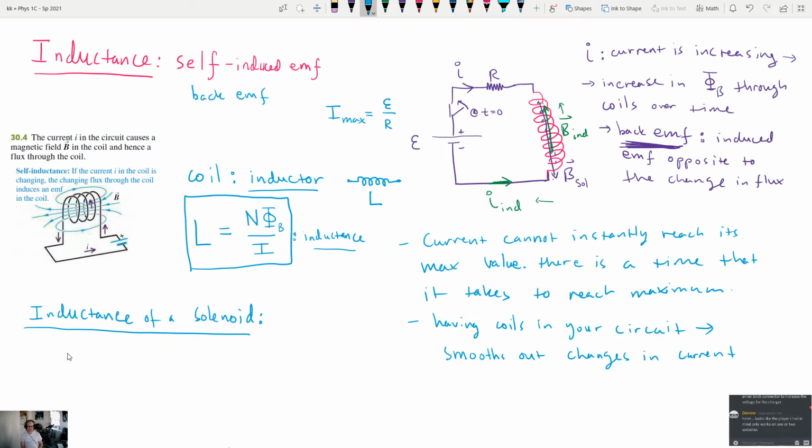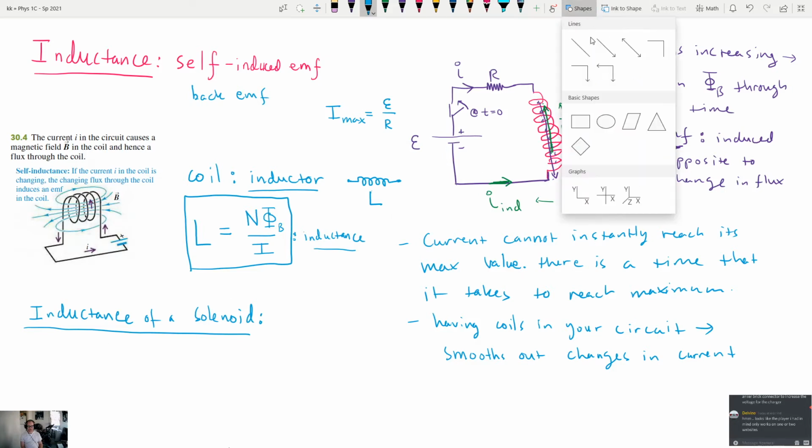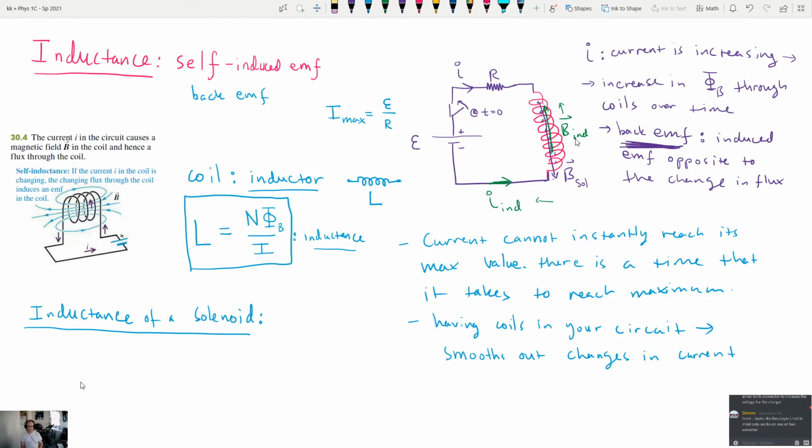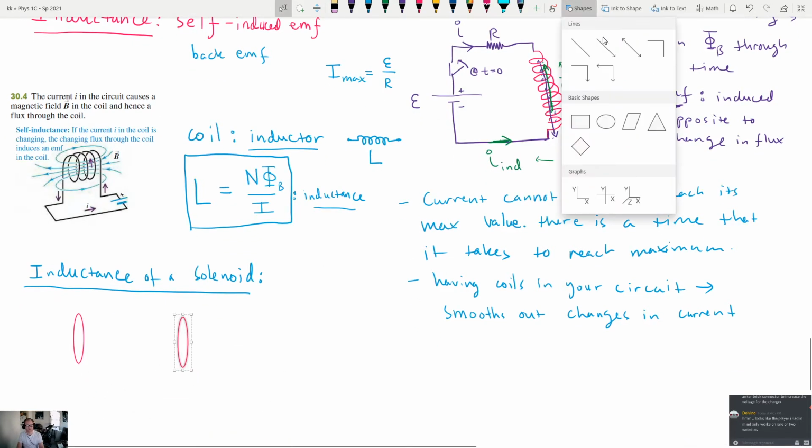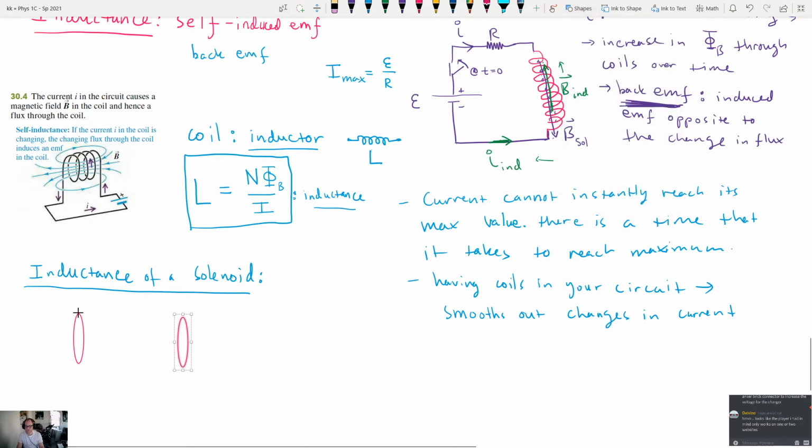I don't want to spend too much time drawing a picture, but I need to make it somewhat not crappy. So this will be one end of our solenoid. This will be the other end. We'll connect it with a little tube here. Try to make things straight, because it's okay if it goes down at an angle a little bit.